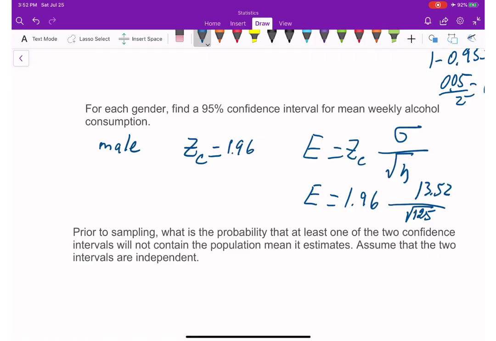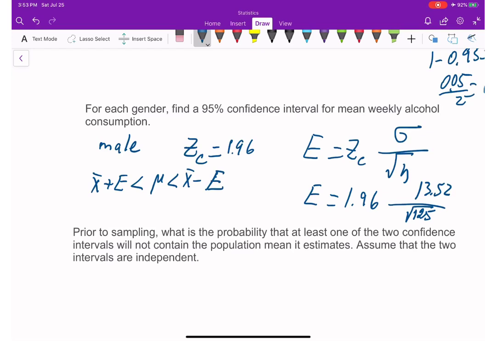Okay, so then whatever number you get, for the interval, it's going to be x bar plus error, right? X bar minus error.